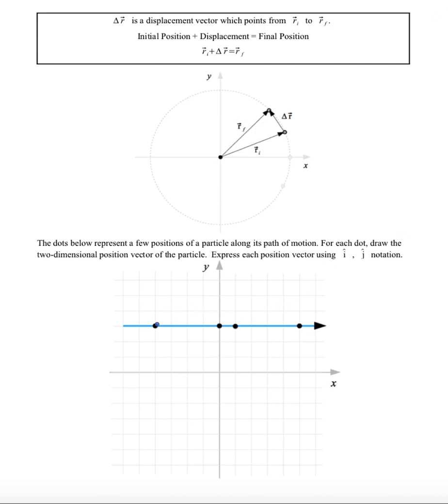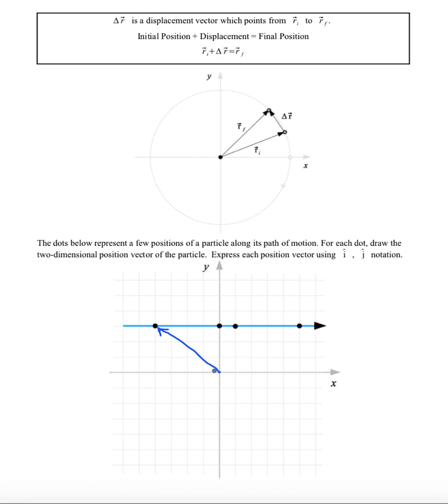Alright, so first let's take this dot over here on the left. In order to draw a position vector, we just need an arrow. Position vectors point from the origin to the particle. And now we want to express that vector using i and j notation.